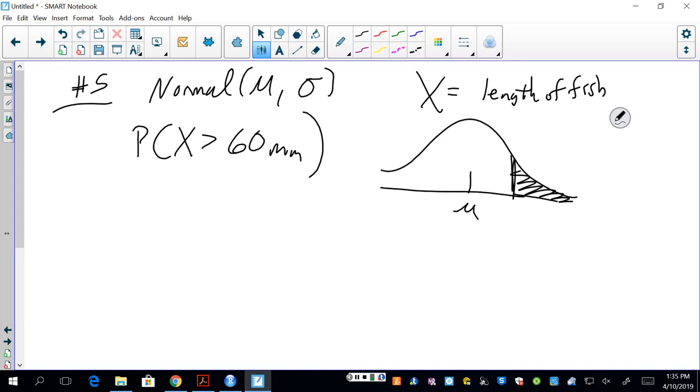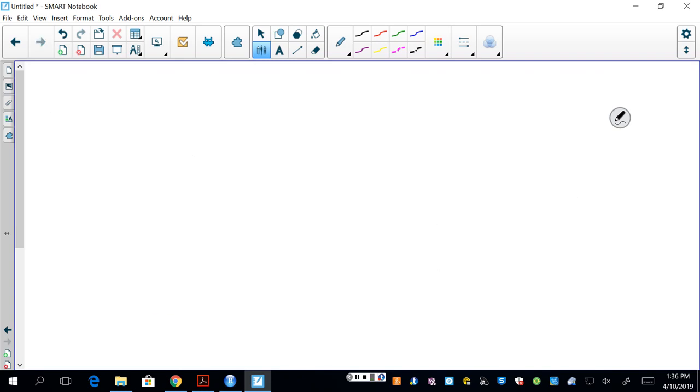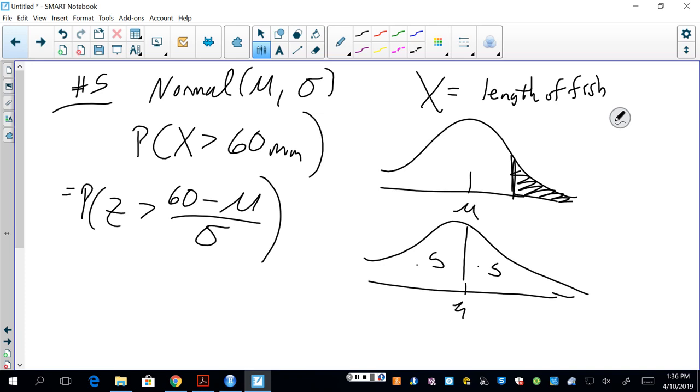And in our normal tables, one thing we know is that the whole area is 1, and half of it is below and half of it is above. For all these normal problems, you z-score things before looking at the table. So 60 minus the mean over the standard deviation, and you get a z value.